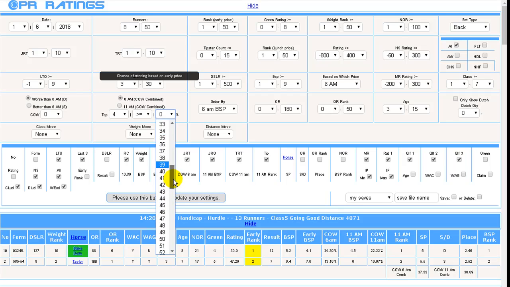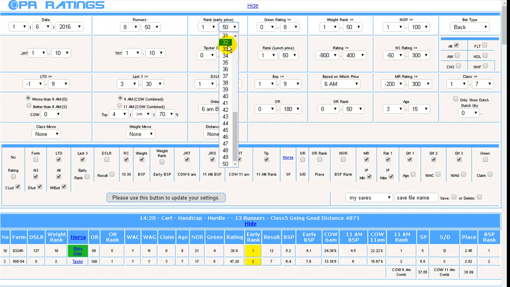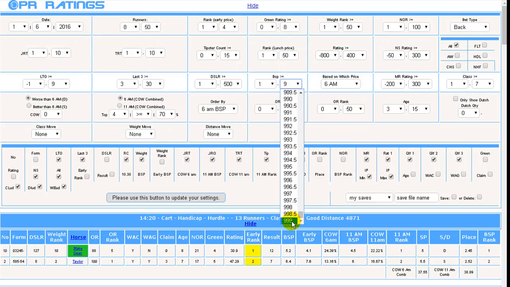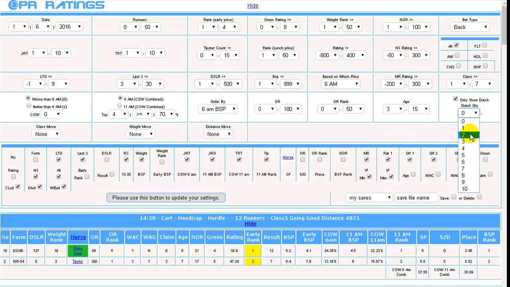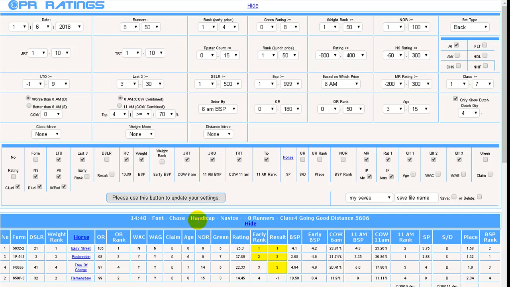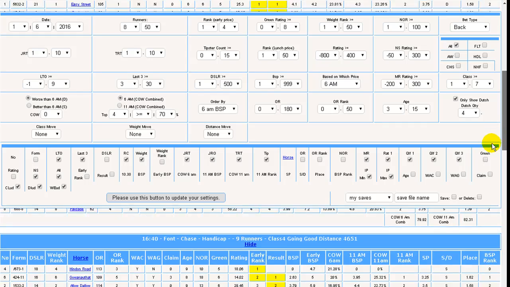Top 4 runners, sorry, let's just do this quickly. And we could pick the top 4 ranked in the morning just to have a look. If we get rid of the BSP for a moment, and then we could Dutch 4 and go like that, and you get 4 any race where there's 4.